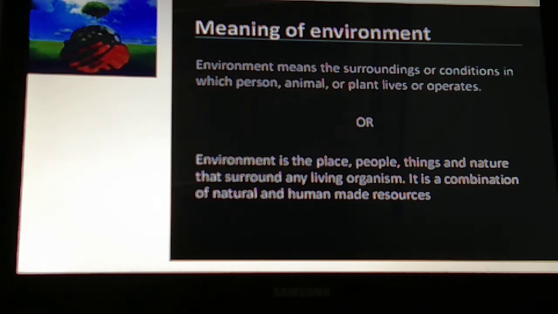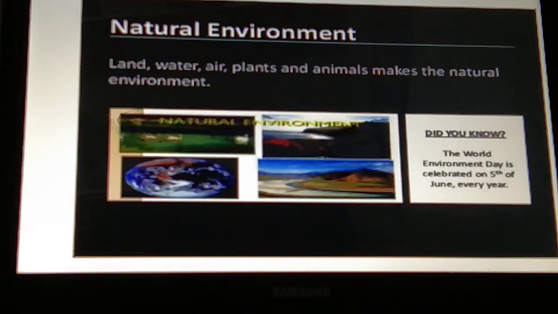In short, environment is a combination of natural and human resources. Our environment is divided into two components, natural environment and human-made environment.